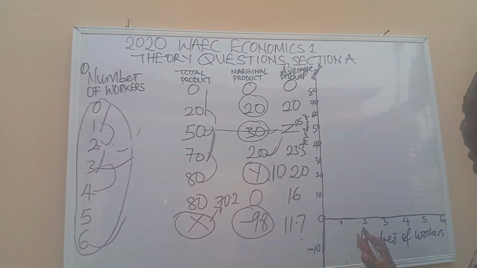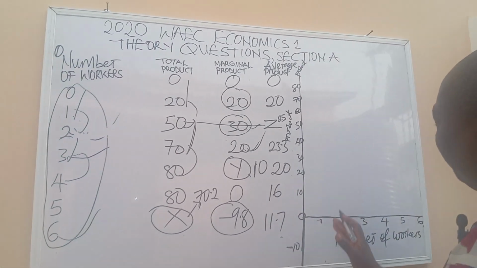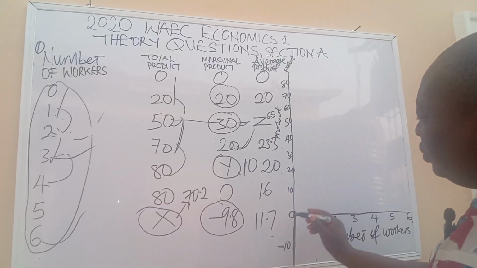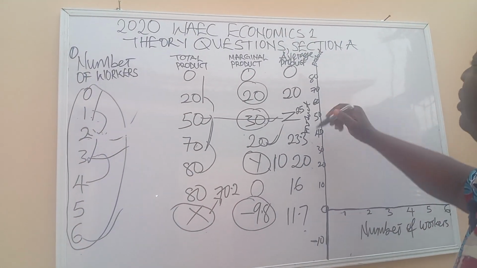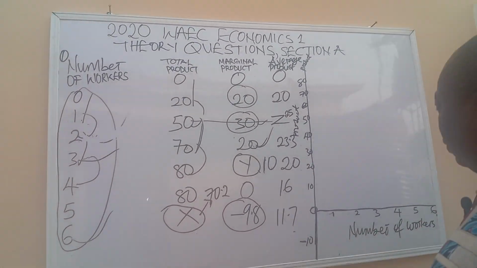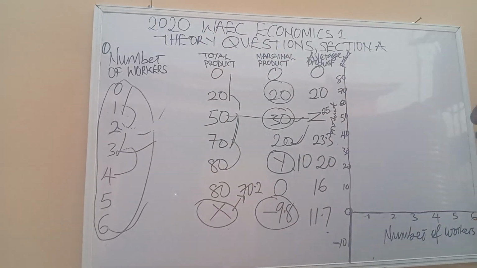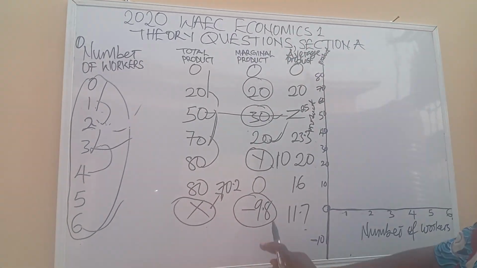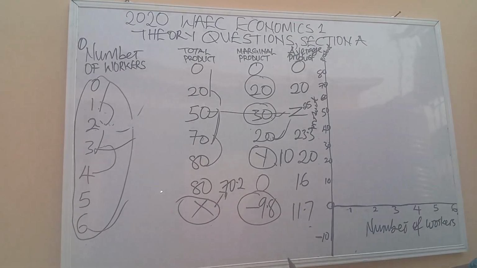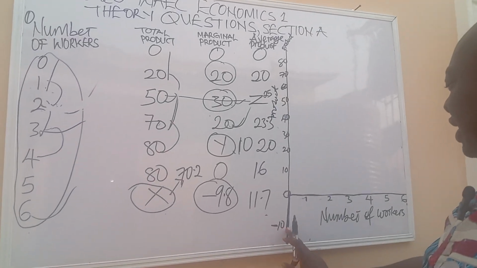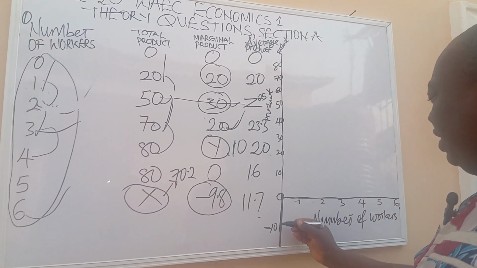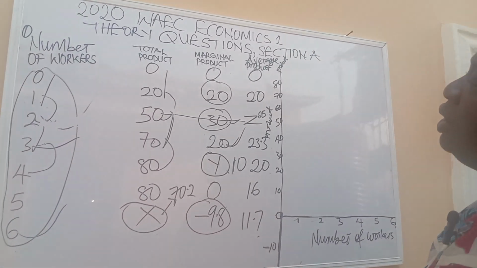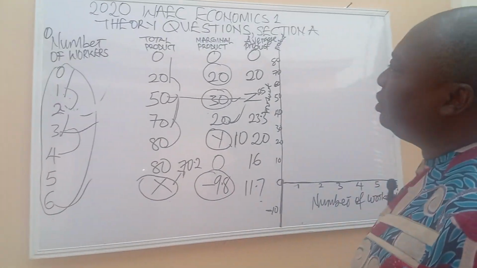So now what I have here is the interval of 10. 0, 10, 20, 30, 40, 50. Then here is 1 to 6 according to number of workers. If you look at marginal product, it's negative, minus 9.18. So here is minus 10. Now I want to draw total product first.